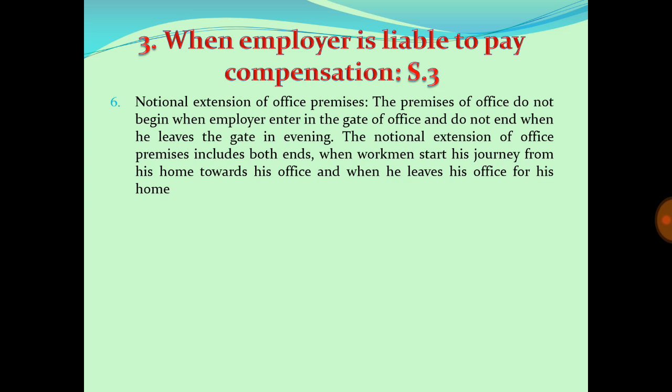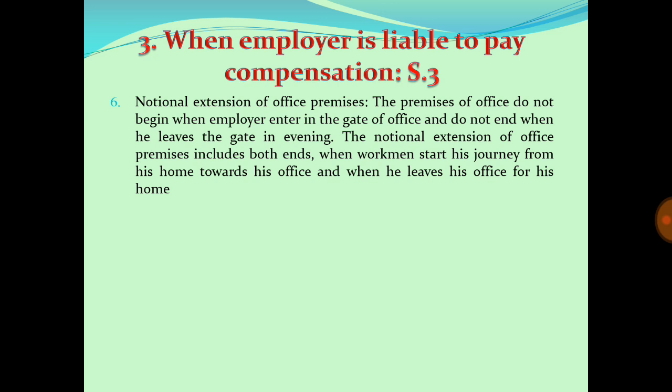The premises of office do not begin when an employee enters the gate of the office and do not end when he leaves the gate in the evening. But the notional extension of office premises includes both ends: when the workman starts his journey from his home towards his office and when he leaves his office for his home.